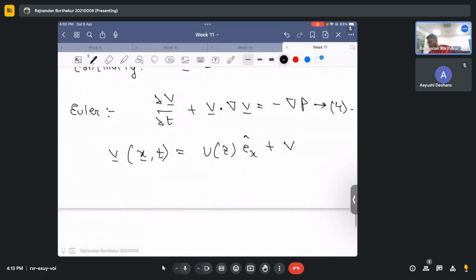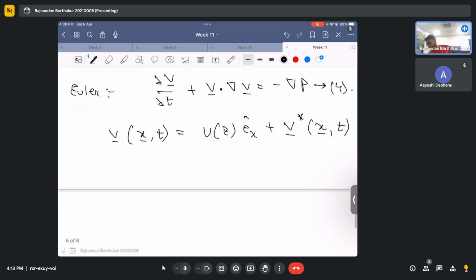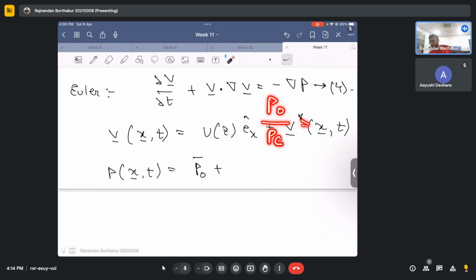So we will denote the non-dimensional perturbations as small v star, which is again a function of x and time. Similarly, the total pressure P as a function of x and t is P naught, because we have shown that the base pressure just reduces to a reference pressure P naught, plus, of course, since it's non-dimensional now, let's write this as P naught bar, because if our reference pressure is P naught, then P naught bar is just P naught by PC.